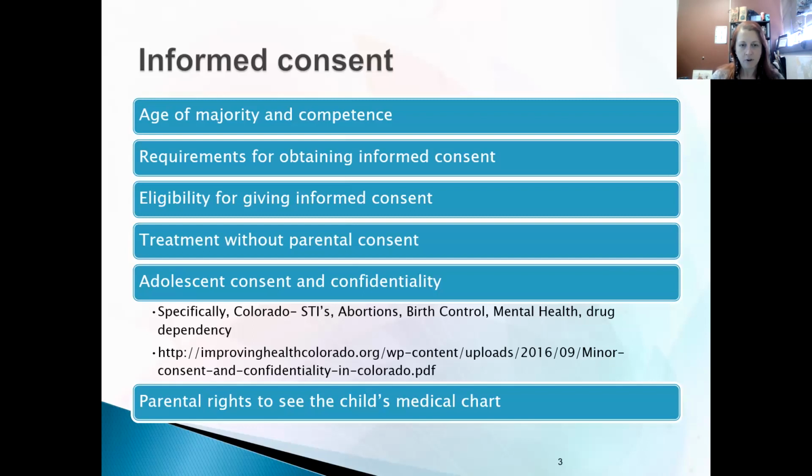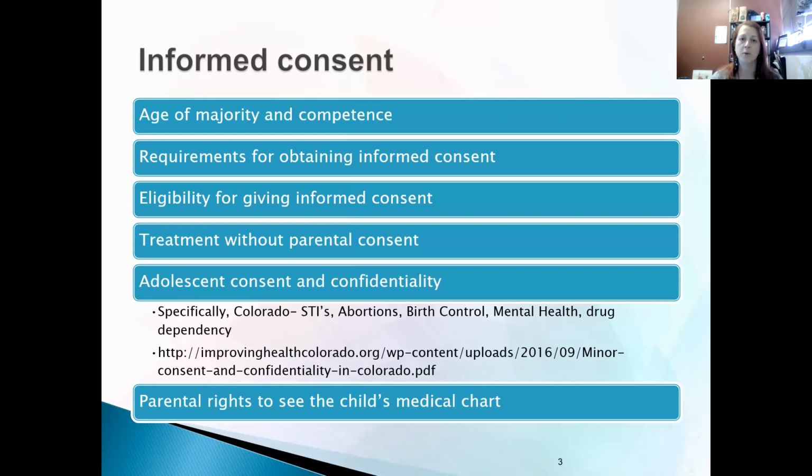One other thing that kind of falls into that is if parents aren't present, we can get phone consent. So that's something that we can do over the phone if we can reach parents by phone. We can also treat if we have legal documentation saying that somebody else can seek consent in the parent's absence. So I tell parents, especially if they're going on vacation and they've got grandma or somebody else watching their child while they're gone, that they should have documentation that shows that that person that's watching them can seek consent in their absence.